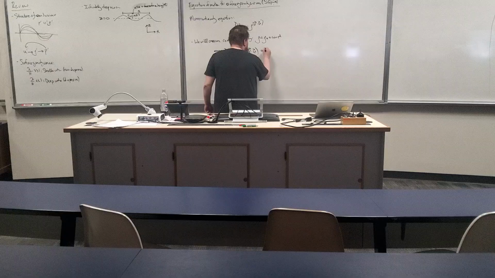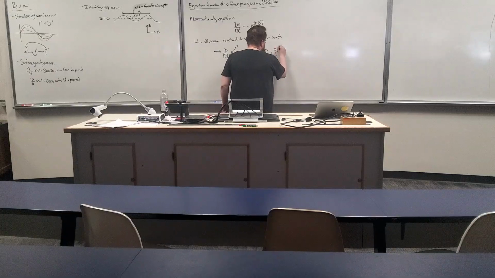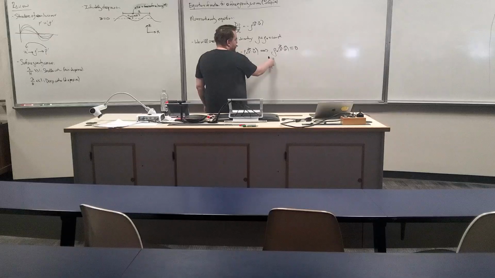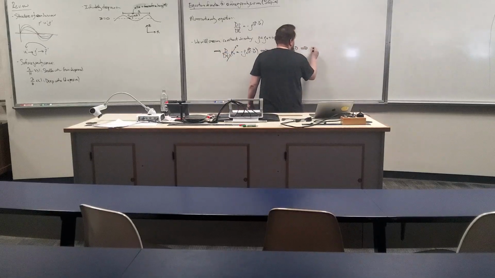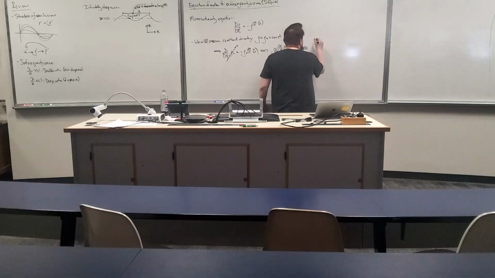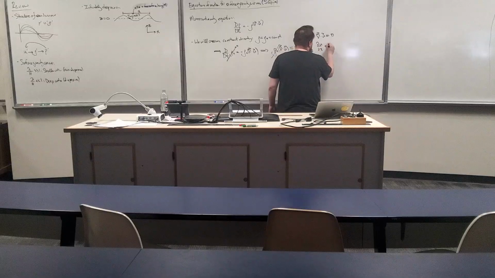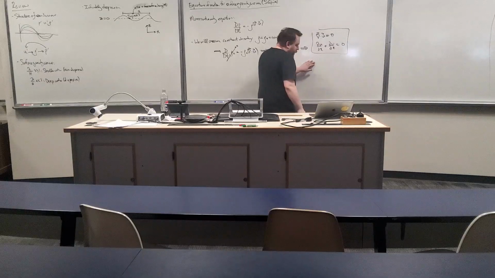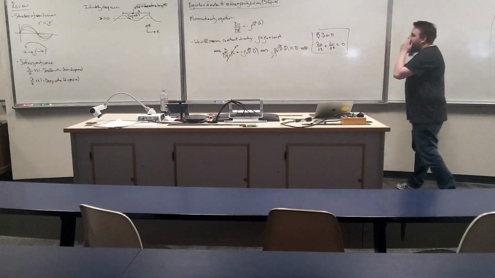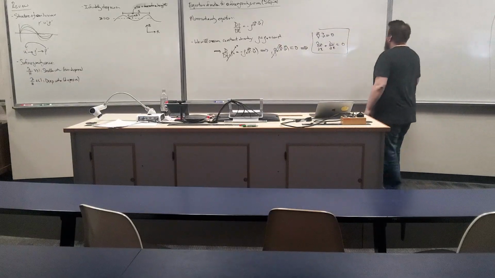And so we just get rho naught times the divergence of u equals 0. But rho naught is just a constant multiplicative factor, so we can cancel that. And so we get the divergence of u equals 0, or writing it out in components, du dx plus dw dz equals 0. This is the simplified version of the mass continuity equation that we're going to use.